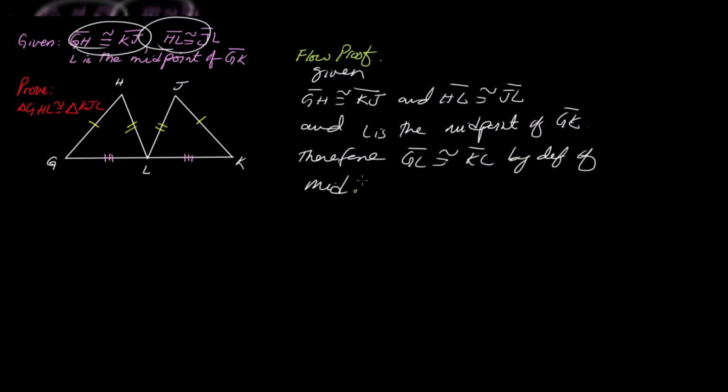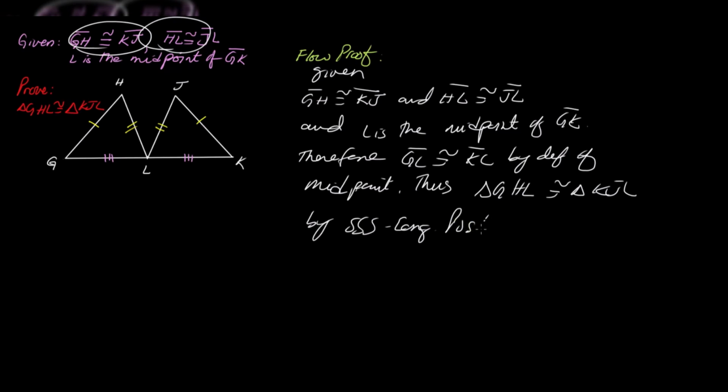So triangle GHL is congruent to triangle KJL by side-side-side triangle congruence postulate. There we go. That's it. That's all it is. And that's a flow proof, and it'll be just as easy to write a two-column proof over here. So this is an easy example to begin with.